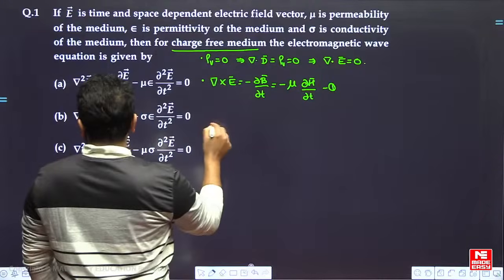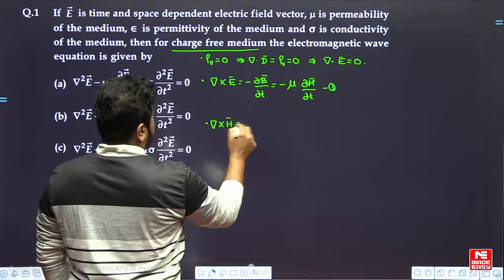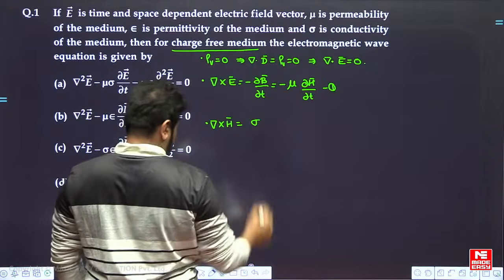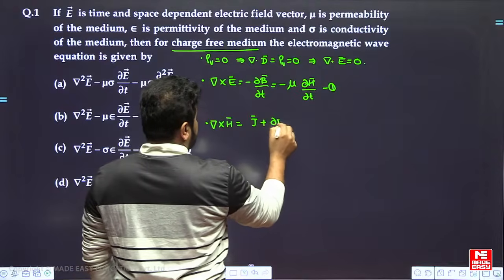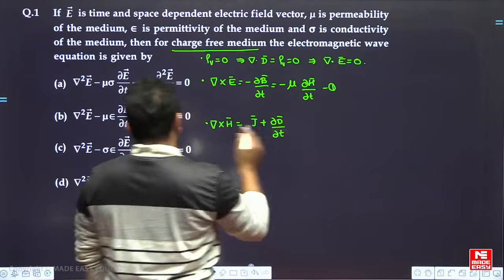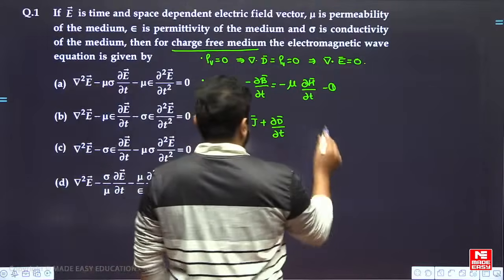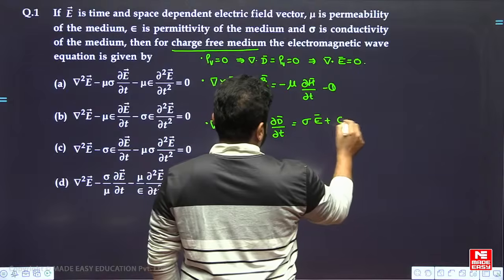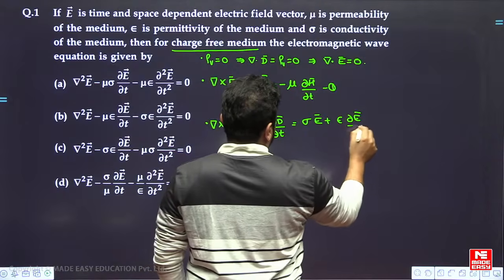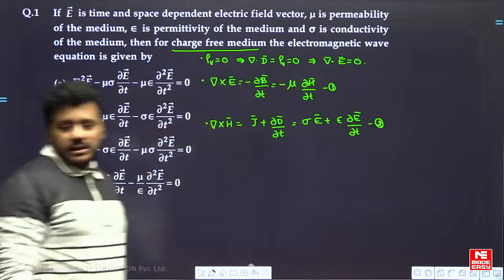Second equation, we have del cross H, which is equal to J plus del D upon del t. Because the options are given in terms of time varying fields, we will go for the instantaneous form. So J is equal to sigma E plus epsilon del E upon del t. So this is equation number 2, correct.